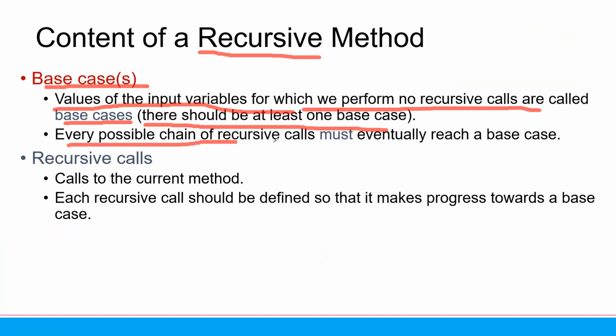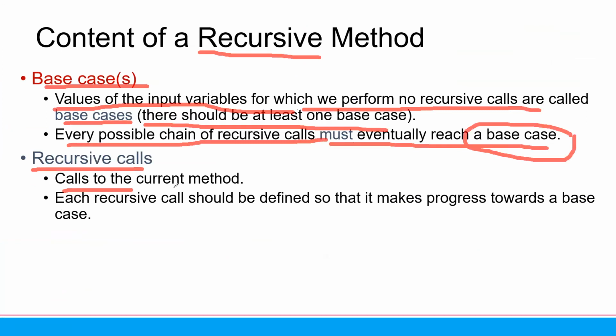Every possible chain of recursive calls must eventually reach a base case. So whenever you do this recursive method, it should reach the base case. And we have the recursive calls, which means calls to the current method, and they should be defined so that they make progress towards a base case.